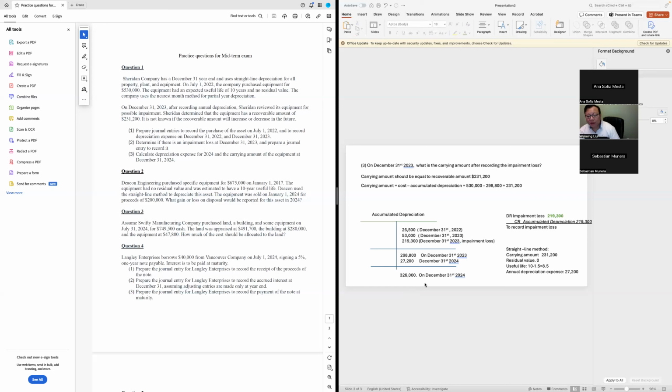So then what's your carrying amount? Your carrying amount will be equal to the cost, 530,000, minus your cumulative depreciation. So you get 304,000.